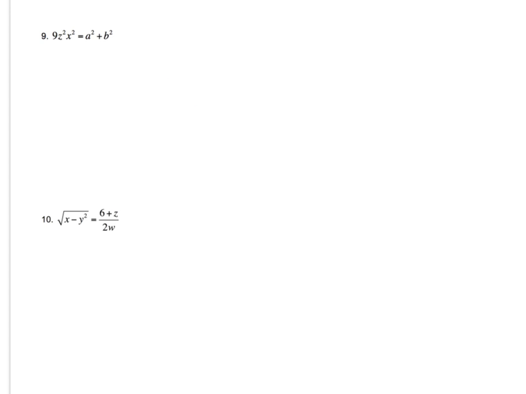Moving on to our next one here, what I see is I have 9z squared x squared, and I want to again get x closer to being by itself. So the first thing I'm going to do is divide both sides now by 9z squared. Okay, the x squared is multiplied by that, and so what that does is it divides out on this side, and what I am left with then is that x squared equals a squared plus b squared all over the quantity 9z squared.